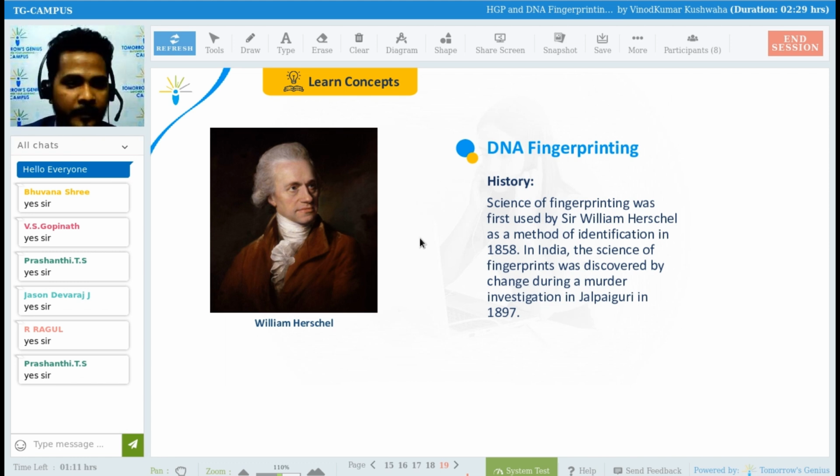Ragul, Sasidharan, Gopinath, come on, respond so I can start this concept.